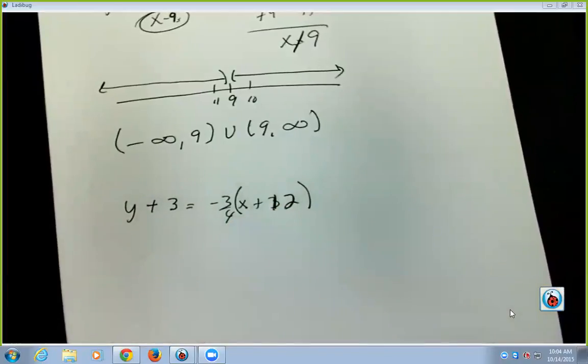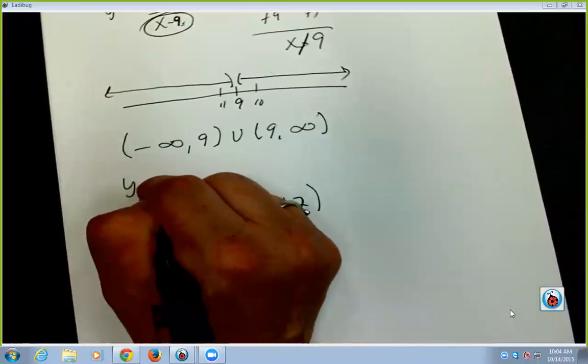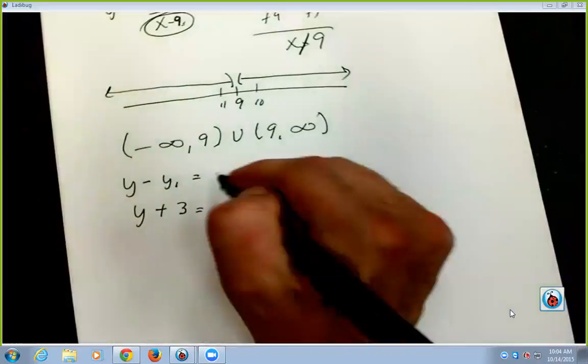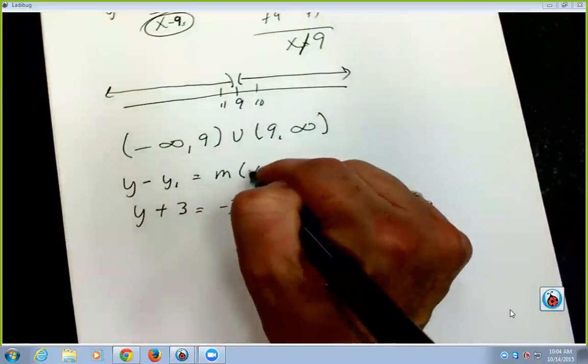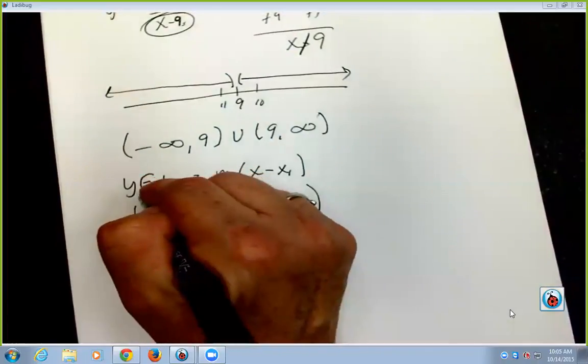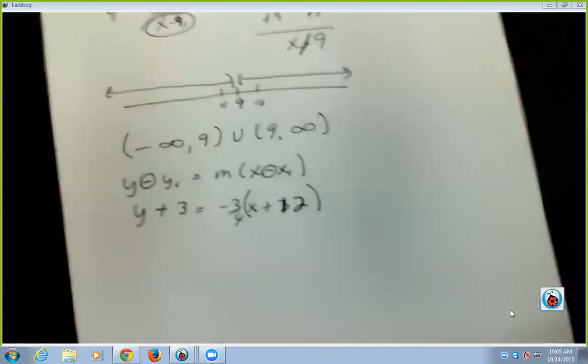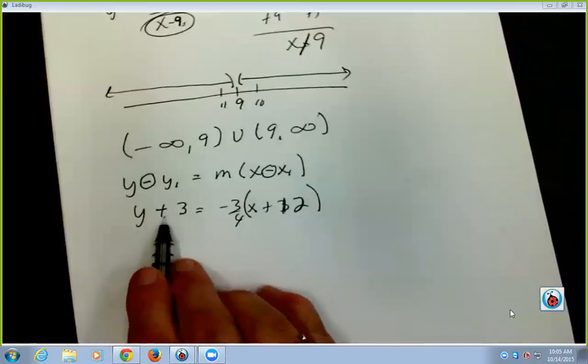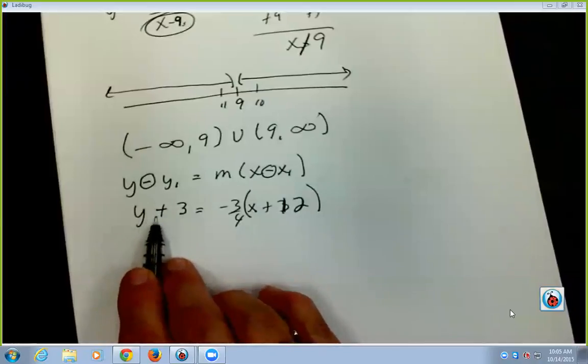Okay. And what this is looking at is your formula. Your formula is y minus y1 is equal to the slope times x minus x1. Okay? It's always a subtraction in here. So because this is a plus in here, I would have to reverse it.